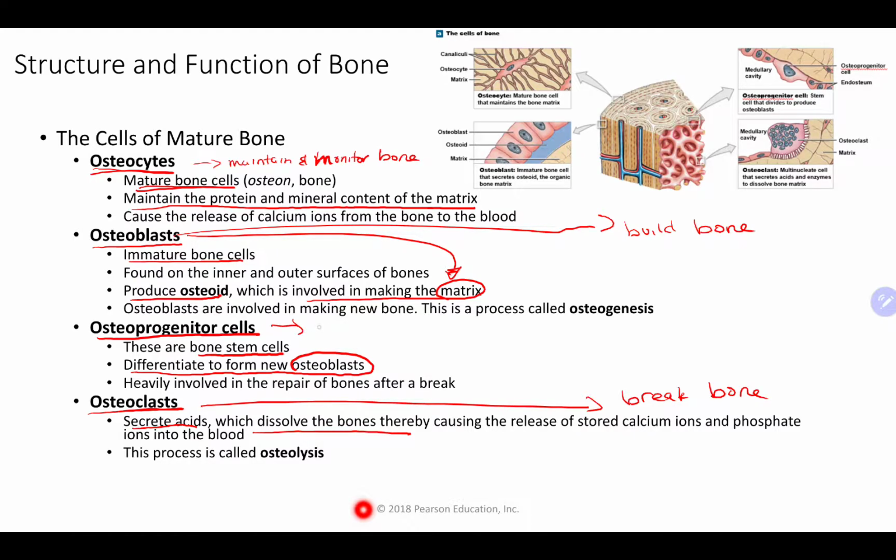Osteoprogenitor cells, these are bone stem cells. Again, osteocytes maintain and monitor bone. Osteoblasts build bone. Osteoprogenitor cells, those bone stem cells. Osteoclasts break bone.